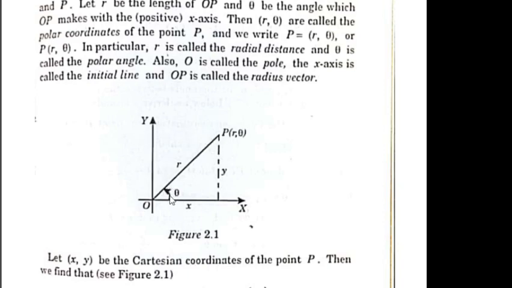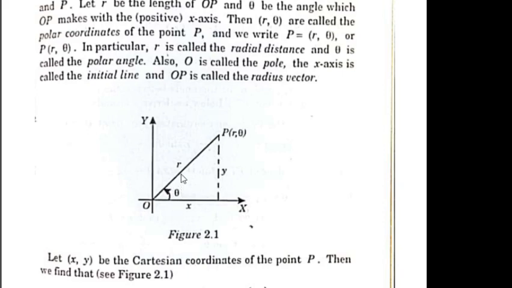Suppose you take theta as 90 degrees, then this line coincides with the y-axis, and the point P lies on the y-axis somewhere here. Similarly, if you take theta equal to 120 degrees, then this line comes to this position, and the point P lies somewhere here.